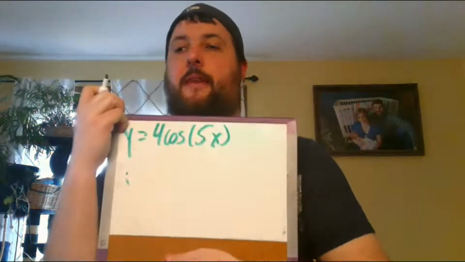Okay, why is it y equals 0? For the equation of the midline, I'm going to write it this way so I have more space. This is what the equation you gave me was.